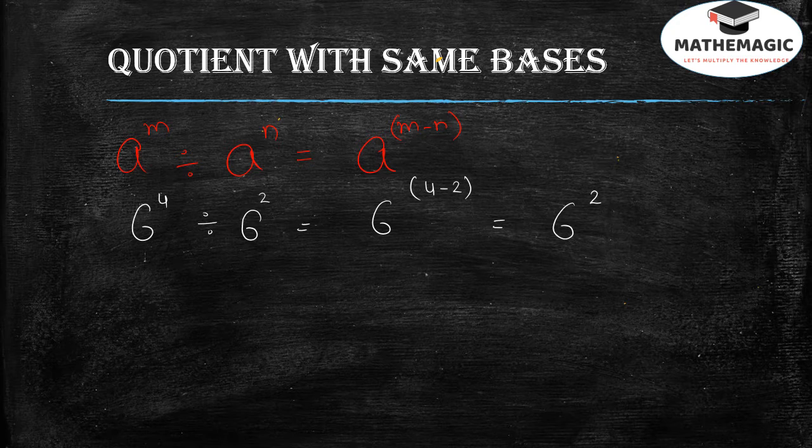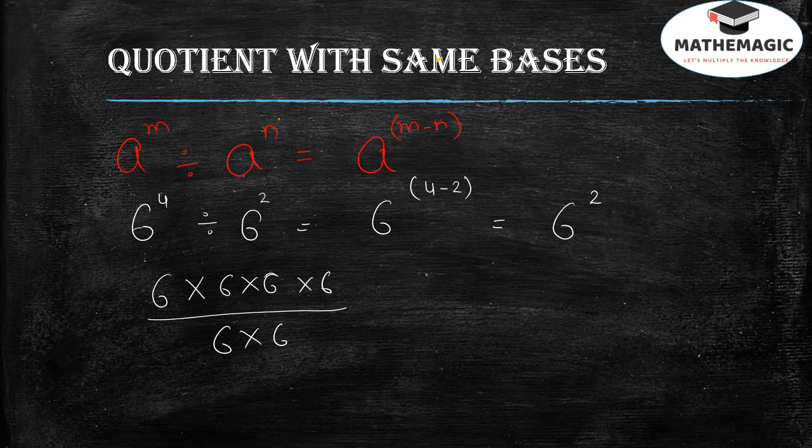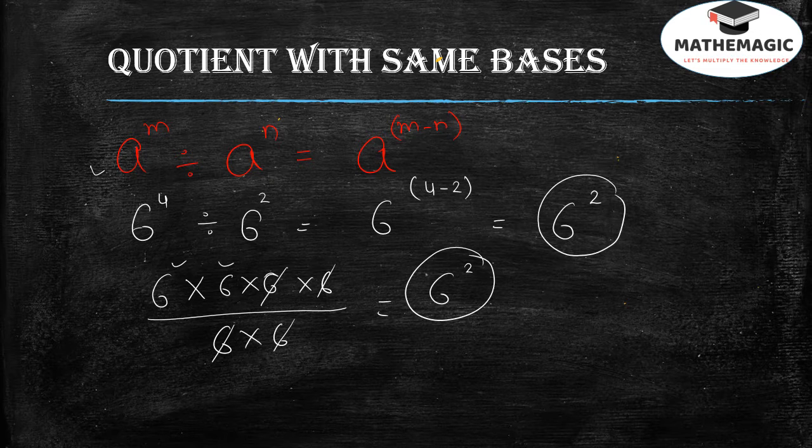Now let us see whether this is correct by expanding the powers. 6 raised to the power 4 can be written as 6 multiplied by 6 multiplied by 6 multiplied by 6, 4 times, and 6 raised to the power 2 can be written as 6 multiplied by 6. So just cancel whatever we can cancel here, and in the end we will get 6 multiplied by 6. Since there are two 6s left, the power should be 2. Thus we can say that this is the second law of exponents, which is a valid one.